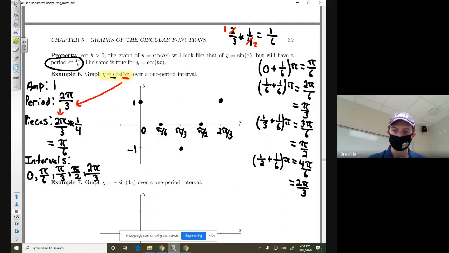This tells us exactly the template that we will now fill in the arcs for. Like that. And that would be the graph of cosine of 3x.